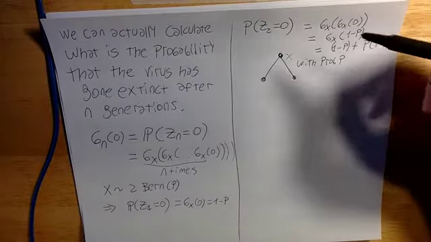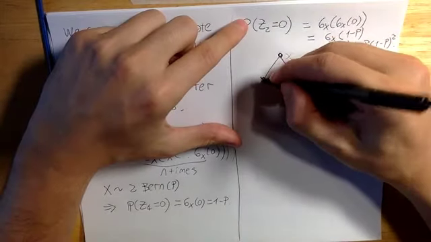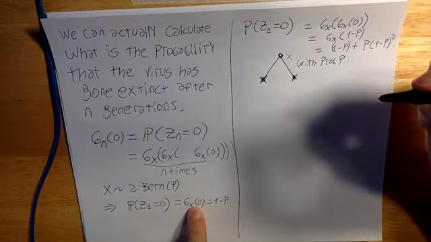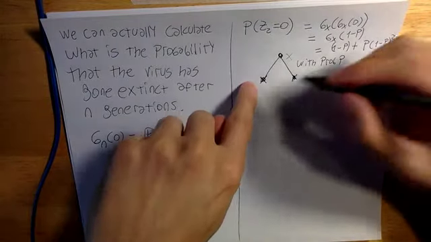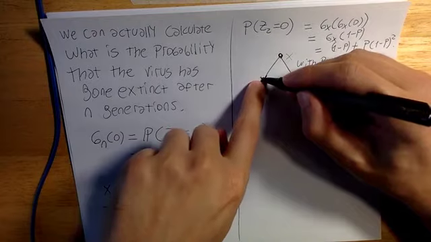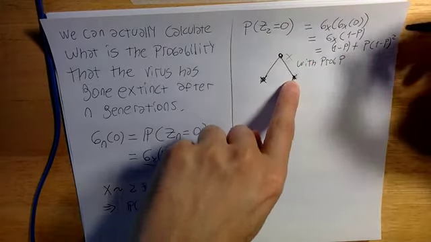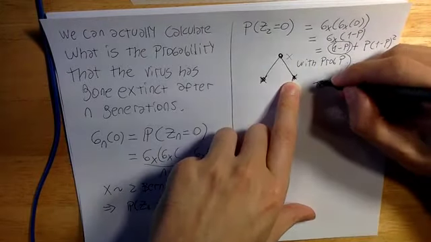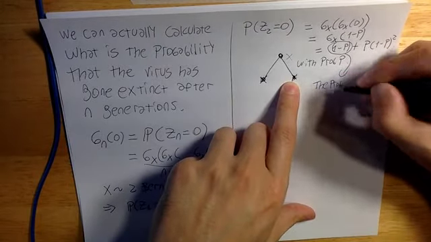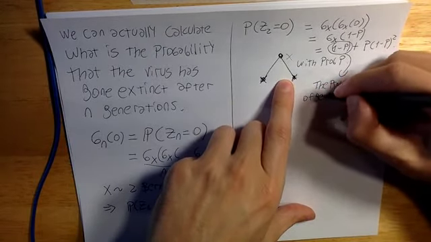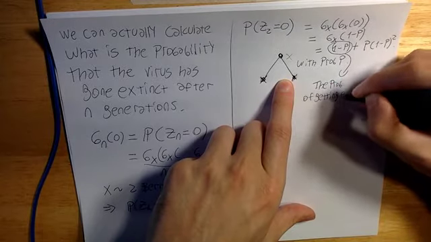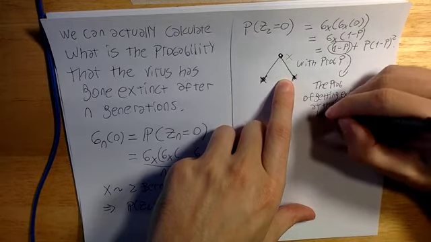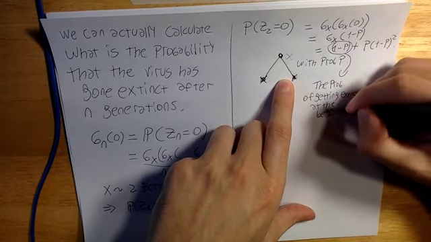Okay, so the probability that you get extinct at this level is going to be the sum of the probability of getting extinct at the first level plus the probability that this guy didn't have any offspring and this guy didn't have any offspring. Okay, so this is the probability of getting extinct at the beginning.